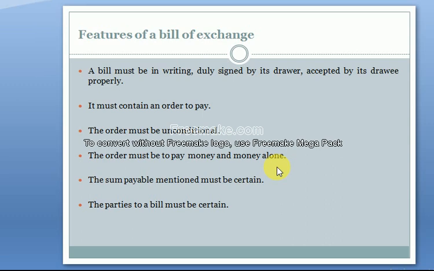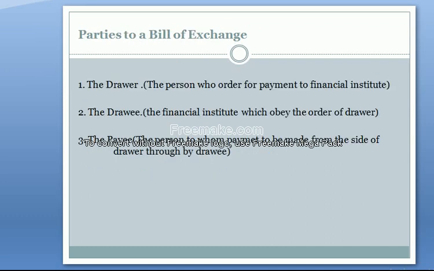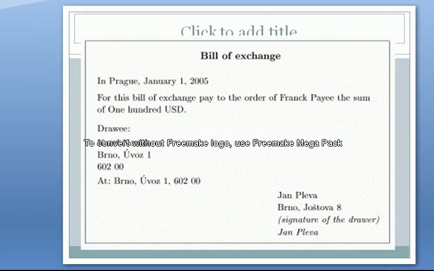Look at, if we go back to this, the bill of exchange will be in written form. Here the bill of exchange is in written form and duly signed by the drawee and the drawer as well.